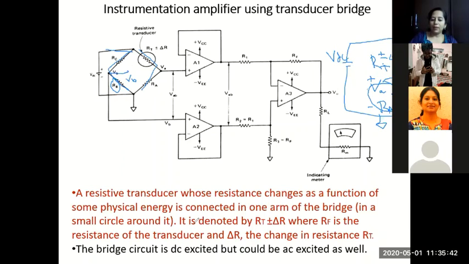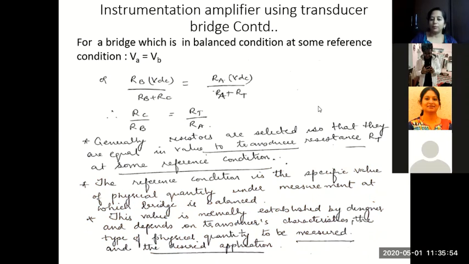The same thing we have written in the next page. So I have just considered the values of the voltages VA and VB. You can see VA is VDC into RA by RA plus RT.